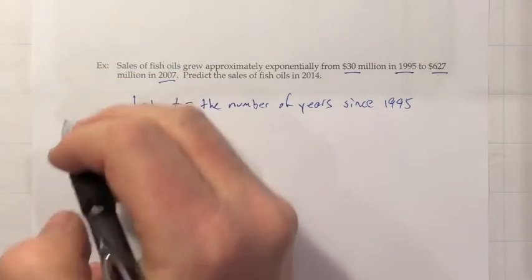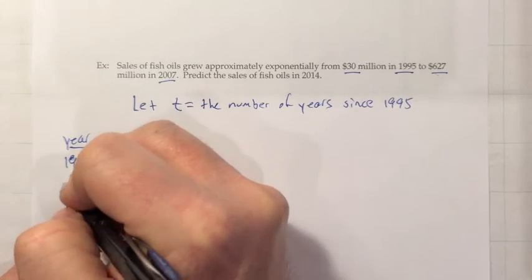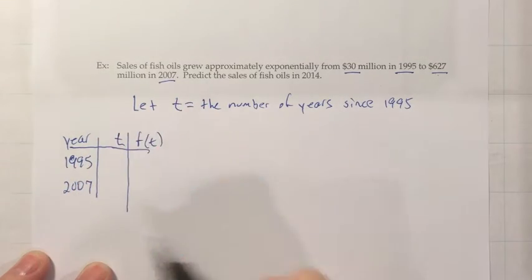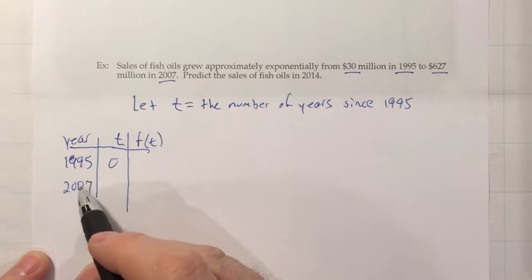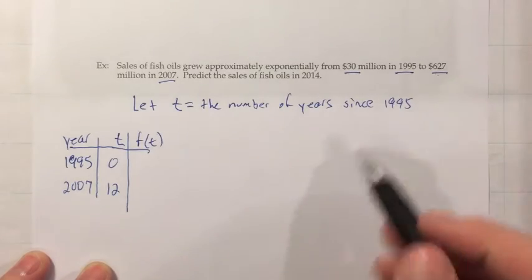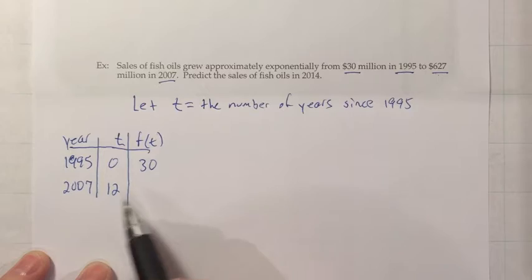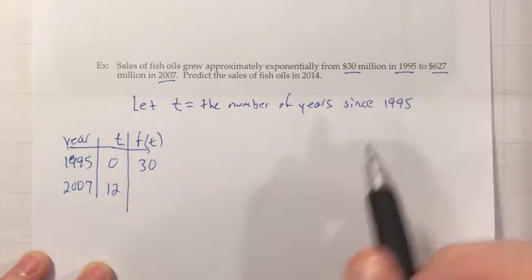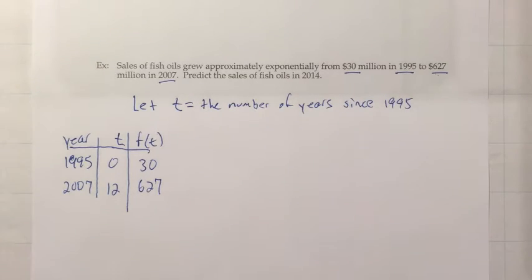So for the years we have 1995, and then we also have 2007. And we started the clock here in 1995, so that's year 0. 2007, subtract the 1995 away, that would be 12 years later. And then in 1995 it was 30 million, and in 2007 it was 627 million. So we've got a little chart just like we did on the problem up above.